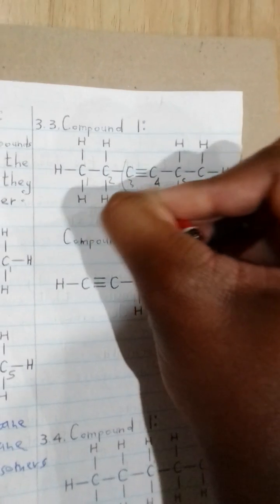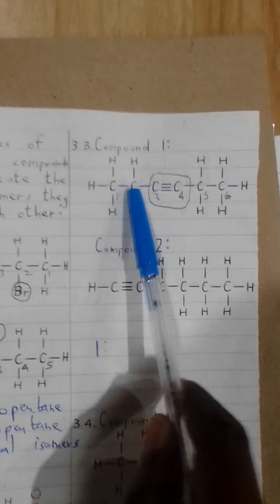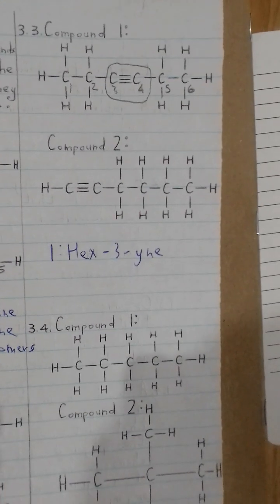And then we have this triple carbon-carbon bond. Okay, so compound 1 is a triple carbon-carbon bond, alkyne. Okay, 6, so hex. Hex-3-yne or 3-hexyne, whichever way you prefer to name it.